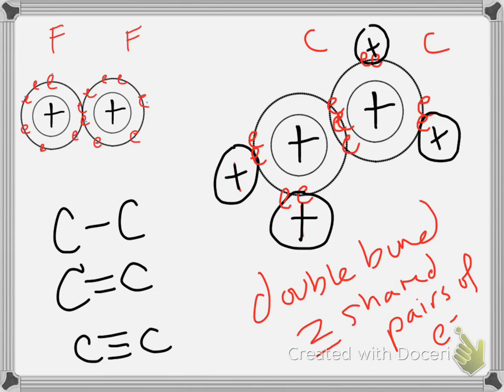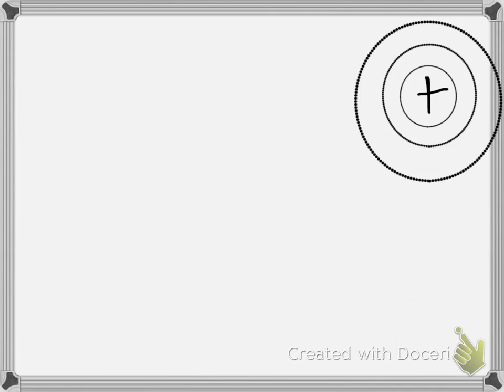Now here's the interesting thing, and here's where I get to shoot rubber bands at you. So with the rubber band analogy, you can stretch a single rubber band much further. That distance is much greater. Double it up, the distance reduces. Triple it up, and actually if you can get your fingers in there, it's an even smaller distance that you can stretch it. Well, guess what's true about single, double, and triple bonds?